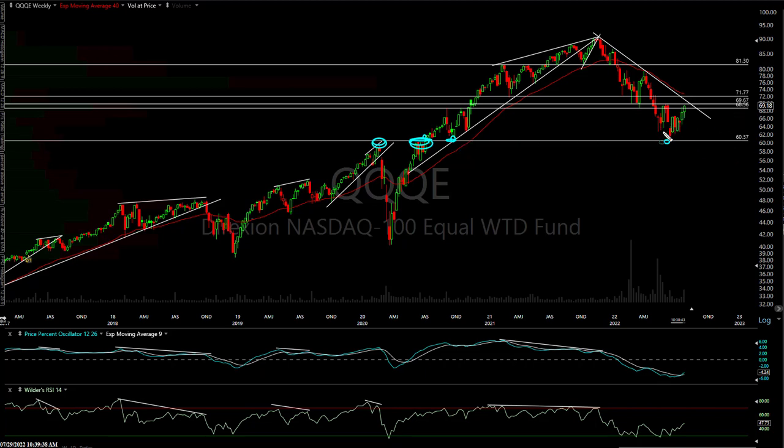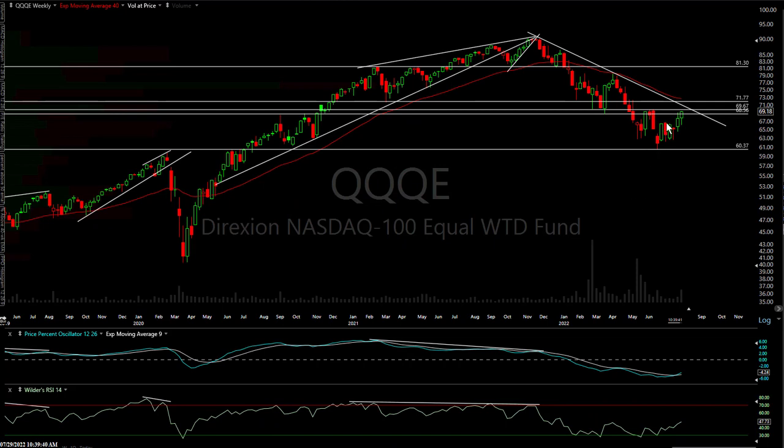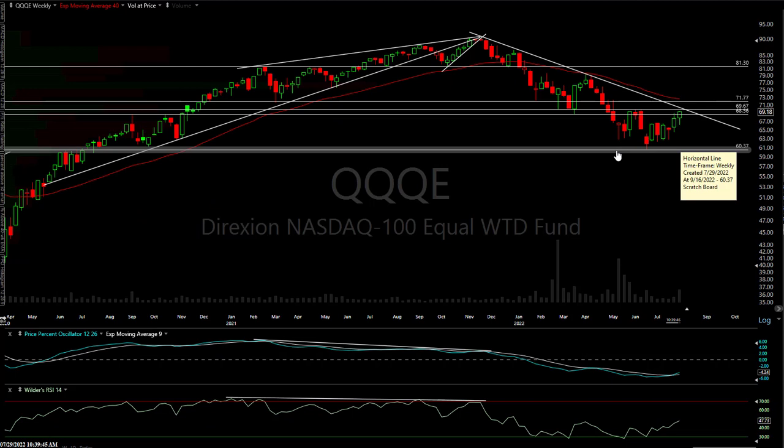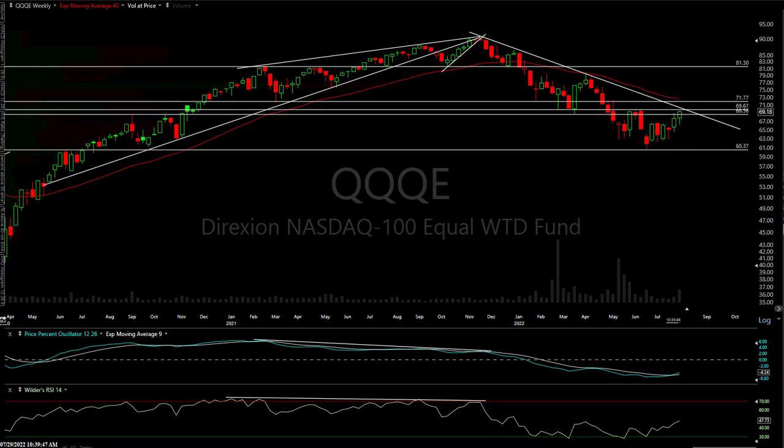But we'll see. So I want to point out that this is the NASDAQ 100 equal weighted index. I need to tighten that line up. Is a lot closer to its primary downtrend line. So, and it works well to the technicals as well, because this is showing you, again, if you don't understand, it's just giving you an equal weighting in all 100 companies in the NASDAQ 100, whereas the regular NASDAQ 100 or QQQ has a very, very much top-heavy weighting to the largest components because it's a market cap weighted index.